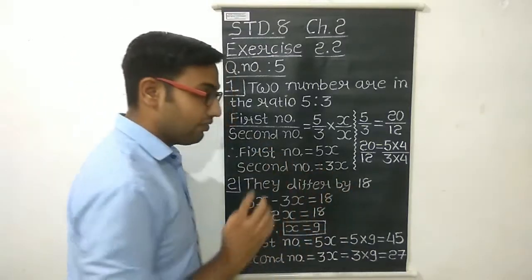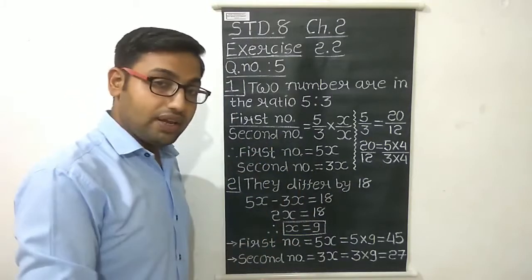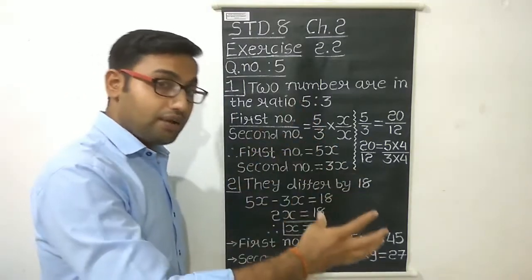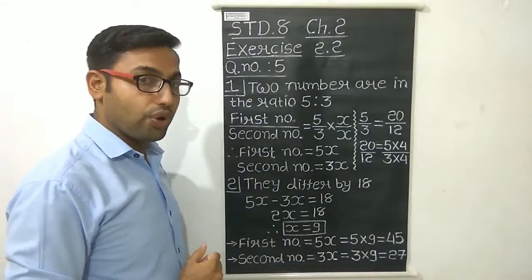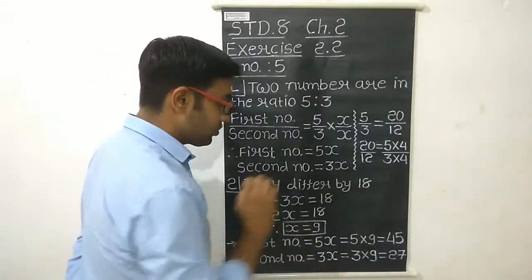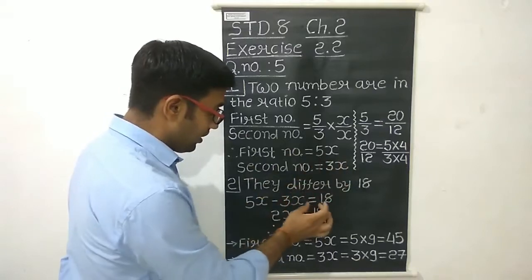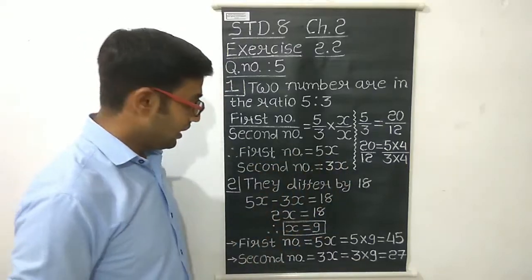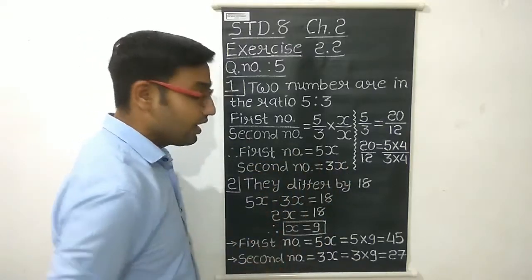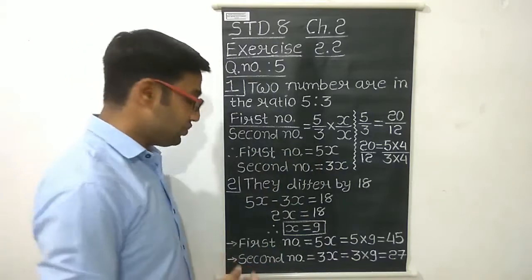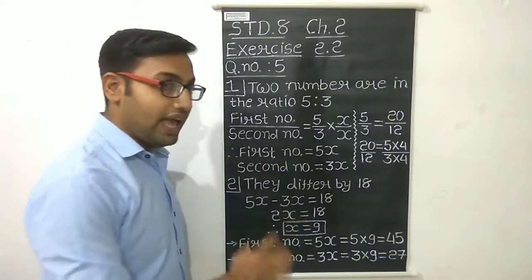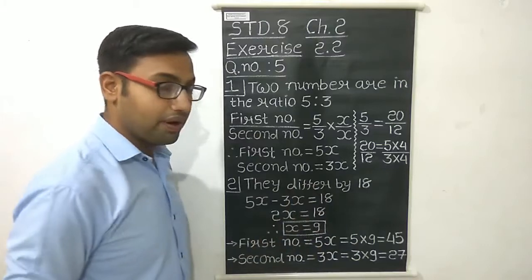If 18 were given as negative, then we would subtract the greater number from the smaller number. But here it is positive. So the first number minus the second number is equal to 18. In this way we make a linear equation in which one side there is a variable and the other side there is a number.